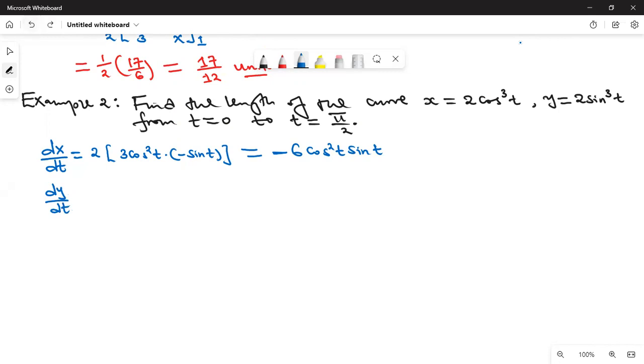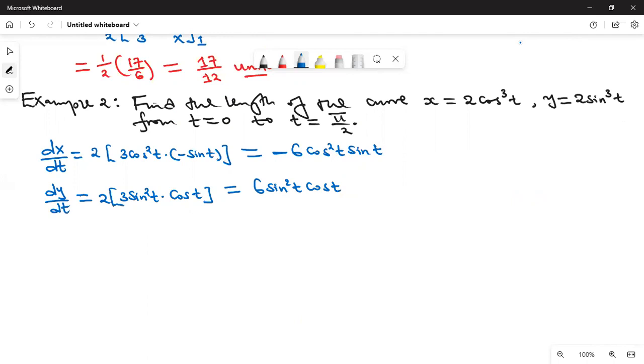dy dt should again be equal to 6 sine squared t times the derivative of sine t, that is cosine of t. And so this is the same as 6 sine squared t cosine of t. So we have found dx dt and dy dt.